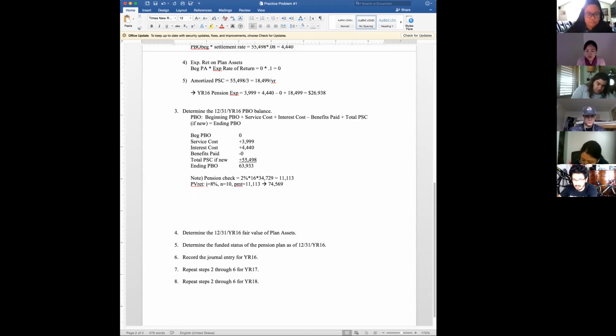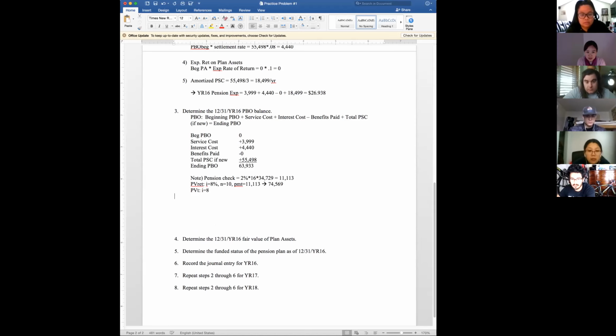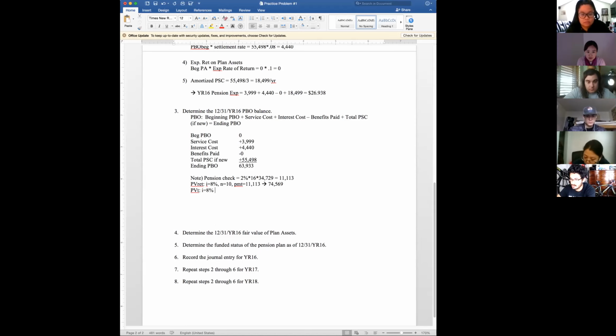Discounted back to time t, the present value at time t, which is as of December 31, year 16. The interest rate is still 8%. Number of periods from December 31, 18 back to December 31, 16. How many years back?